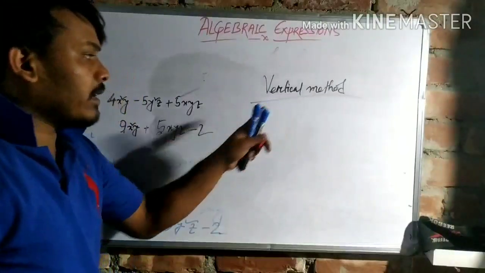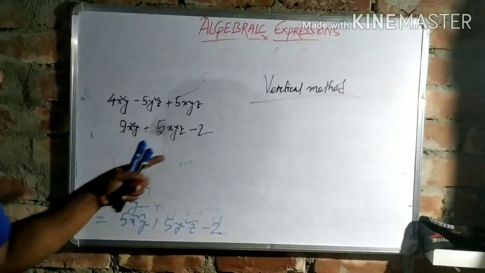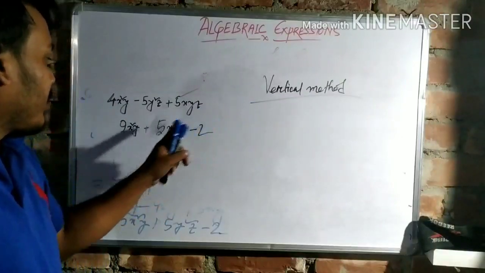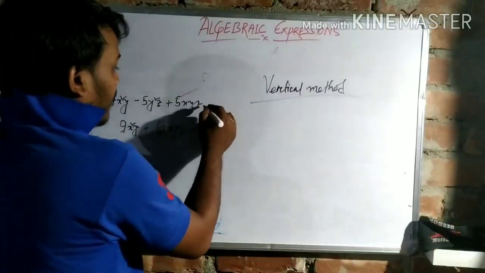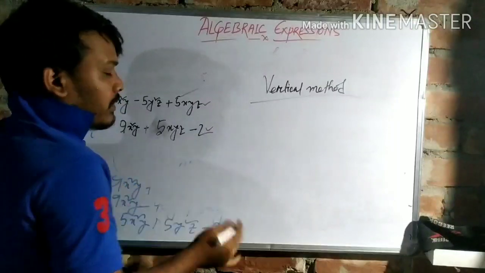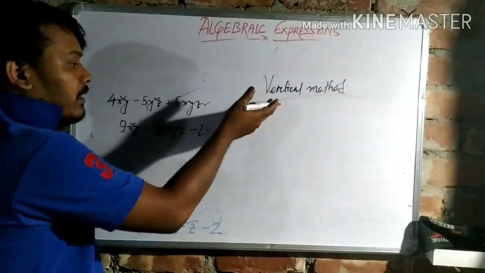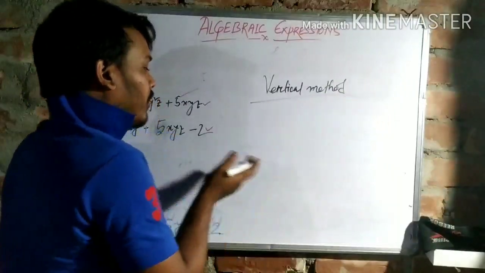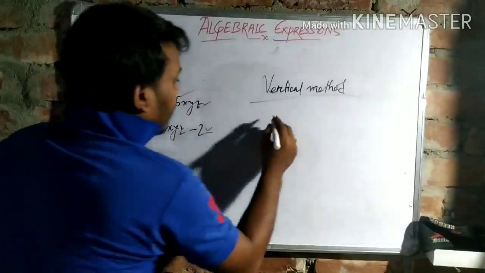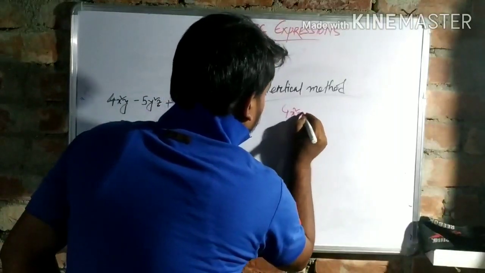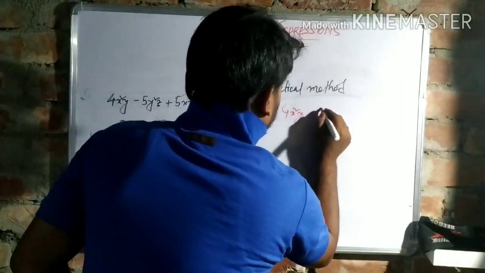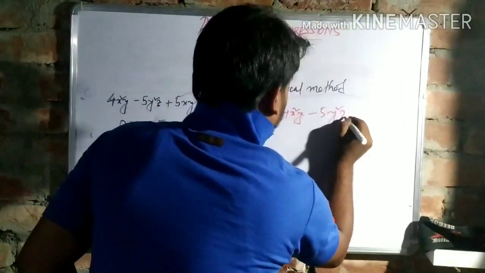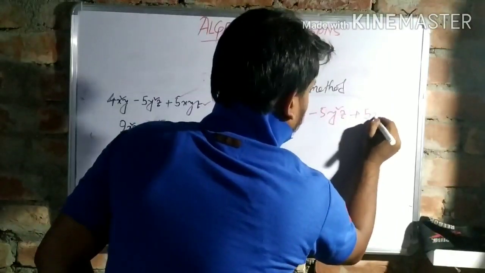So vertical method left. So vertical method. In case of plus, there is no problem. If we write this value or this value first, no problem. We can write any value in the first row. Okay, so I write here 4x square y minus 5y square z plus 5xyz.